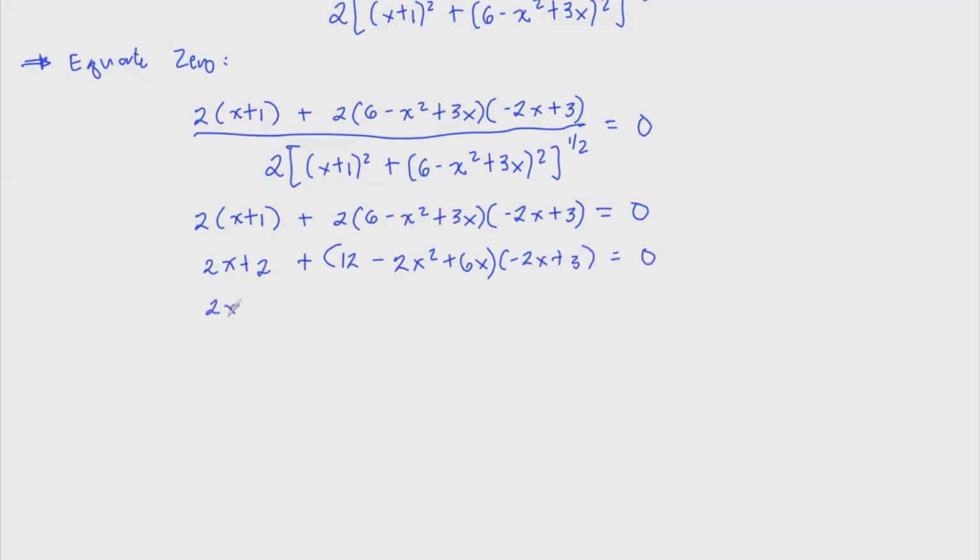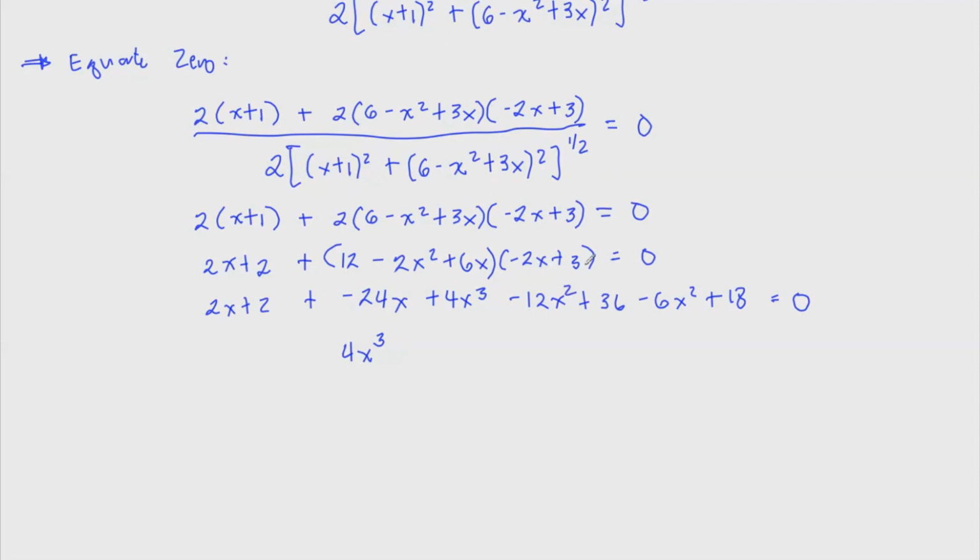And then we have 2x plus 2 plus negative 24x plus 4x cubed minus 12x plus 36 and then minus 6x squared plus 18 is equal to 0. So we combine like terms and we'll end up with 4x cubed and then I think this should be 12x squared.